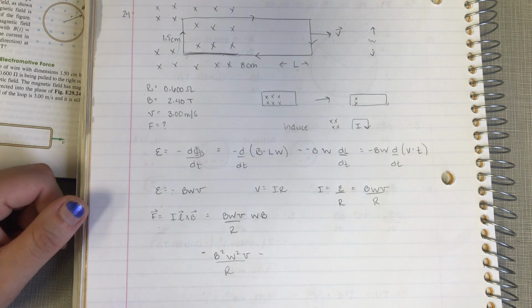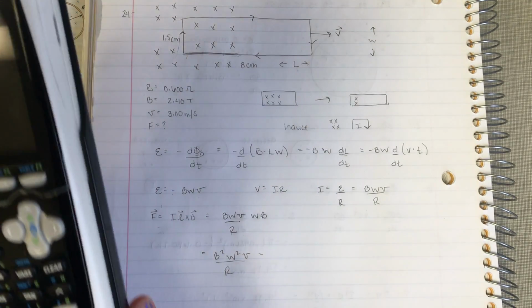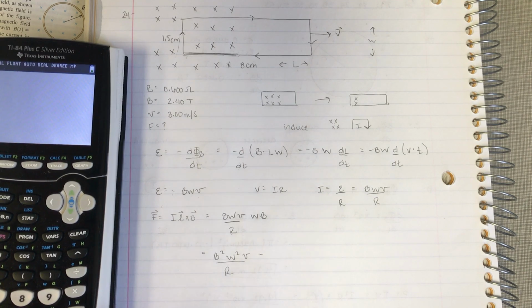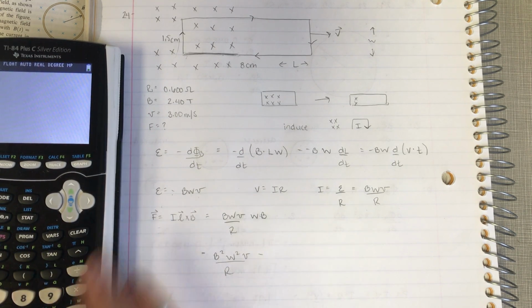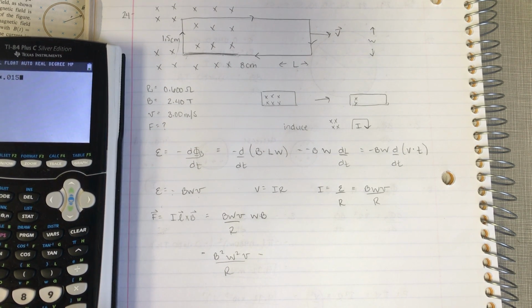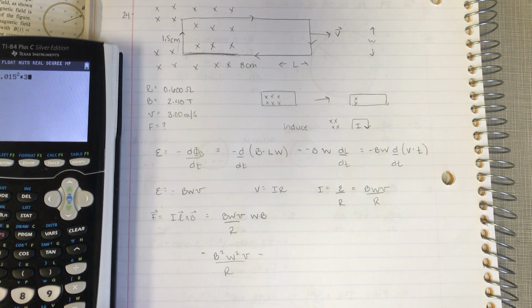All right, let's punch this into our handy calculator. Our B was 2.4 squared, times our width, which was 1.5 centimeters, so 0.015 meters, times our V, which was 3, and divided by R, which was 0.6.